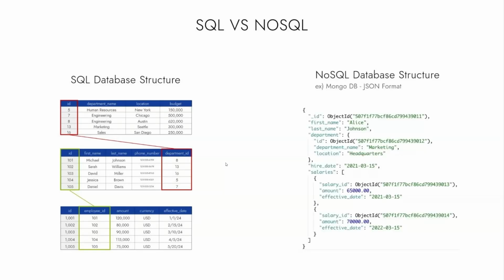What about non-SQL database structure? One example I'm going to use here is MongoDB, which is in JSON format. It's really just identifying objects one by one. Everybody likes to say they're visual learners, and we like to see something more like the left side, where things are cleaned up nicely in tables that you can read from column to rows.